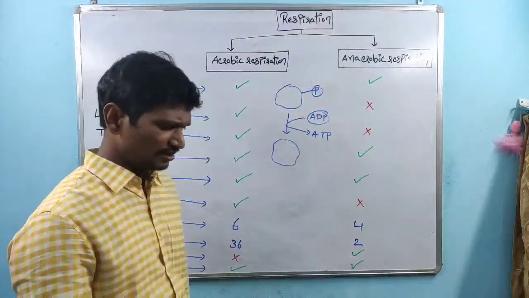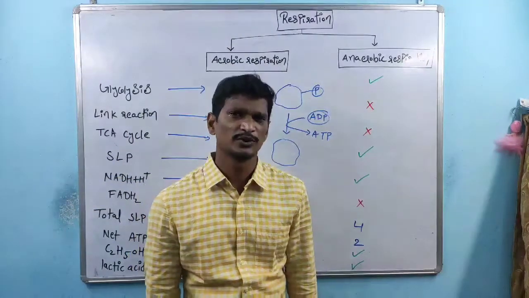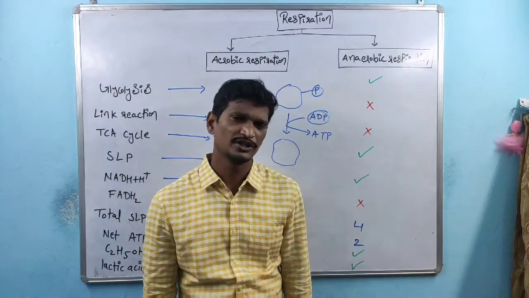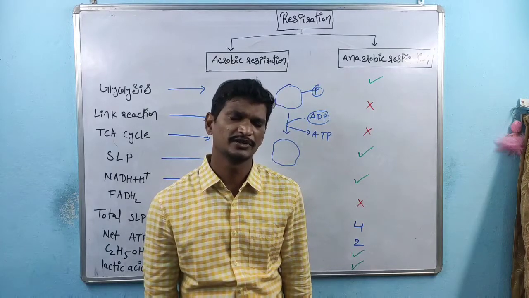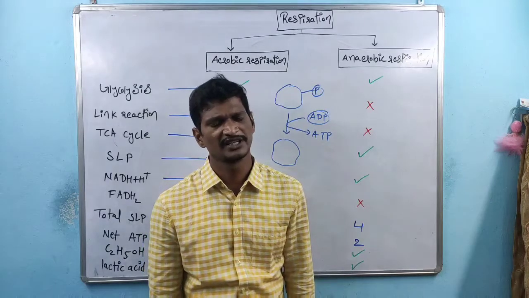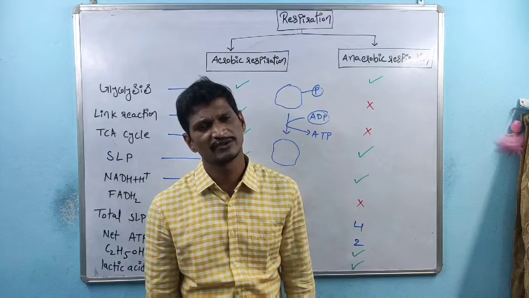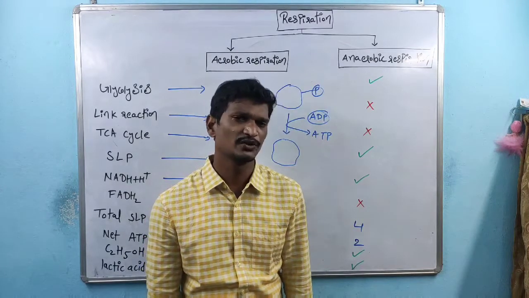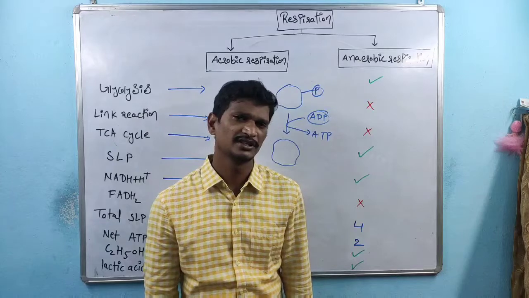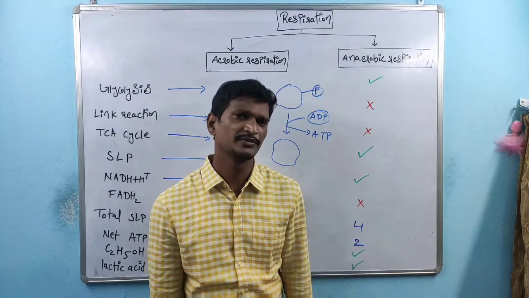We know 1,3-bisphosphoglycerate is converted into 3-phosphoglycerate. At that time, 1 ATP production takes place. Then phosphoenolpyruvate is converted into pyruvate. So the phosphate in phosphoenolpyruvate is donated to ADP, right? Then ADP is converted into ATP.